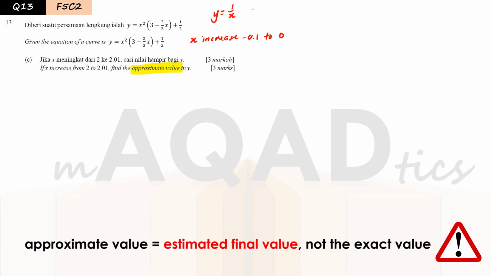But if you notice, we cannot find the value of y, because when we substitute 0 into x, it's 1 over 0, which is undefined. So for this kind of case, we need to find the approximate value of y, because there is no exact value of y, only an approximate value. Which is why we need to learn how to figure out the approximate value in y.